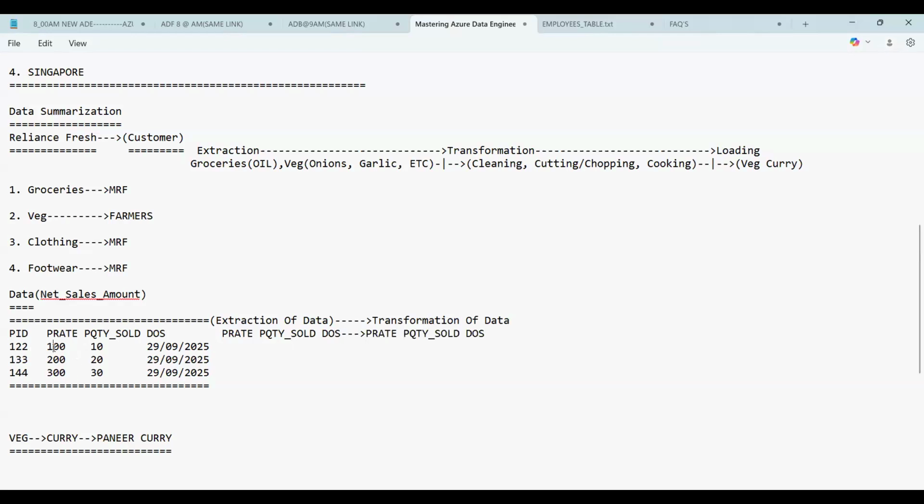When the product rate is 100 rupees and the quantity sold is 10, what you have to do? 100 into 10. I'll calculate it. What is 100 into 10, guys? 1000. Can I say like this? 200 into 20 means what, guys?